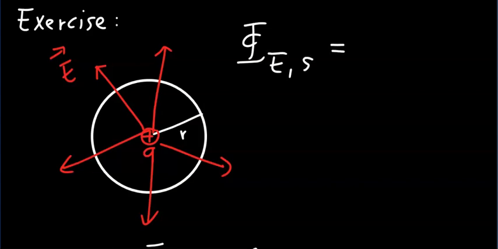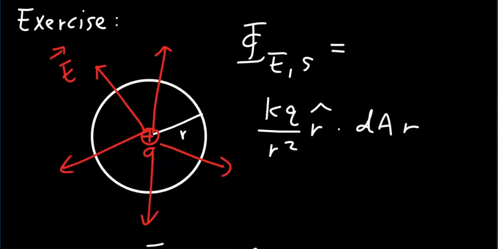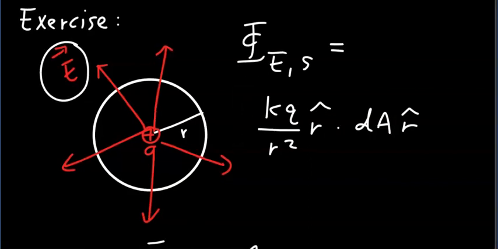Now we know the electric field is radial, and it's given by KQ over R squared in a radial manner. Now dot it into the smaller elemental area that forms that spherical surface, and that elemental area has a vector in the radial direction as well. Since the field has a different direction at different points, we end up integrating. R dot R is 1, so you can take all the constants out.